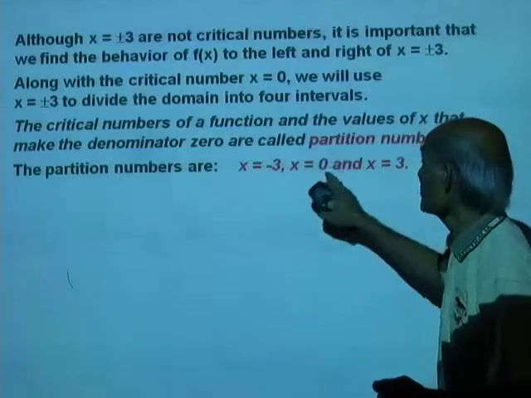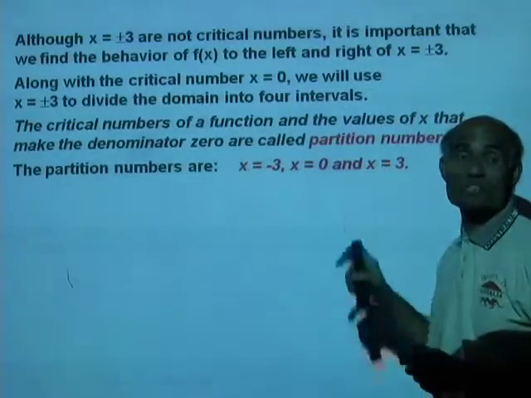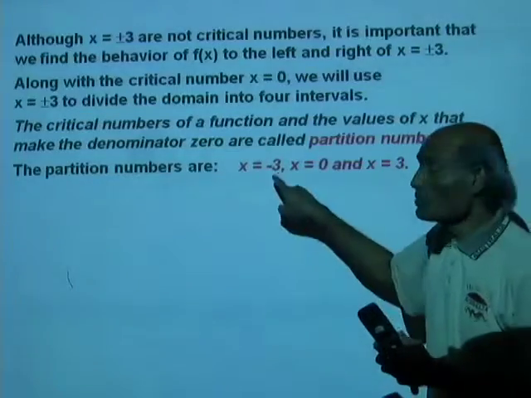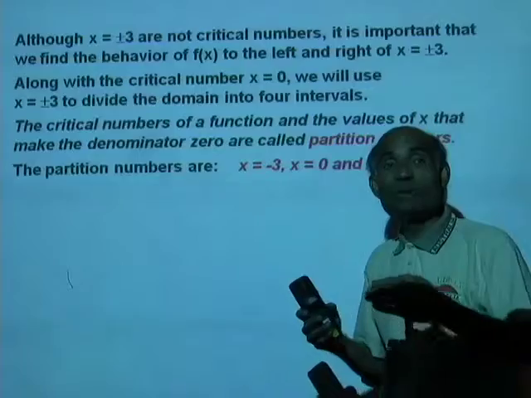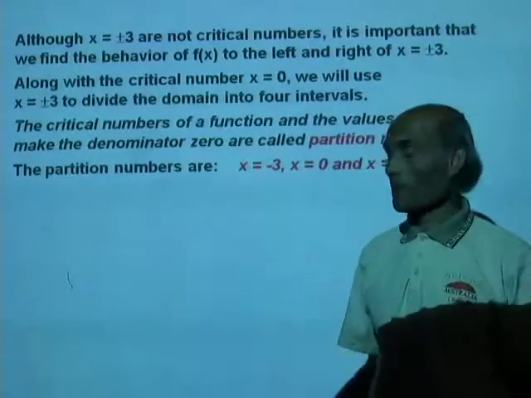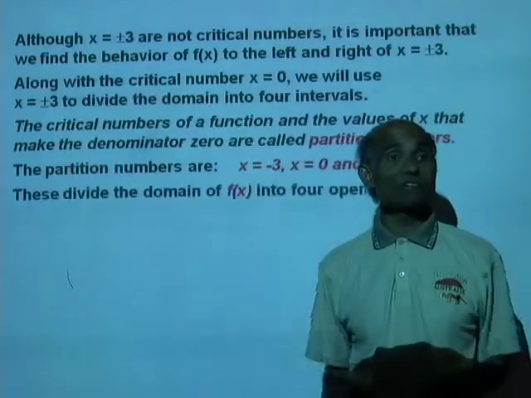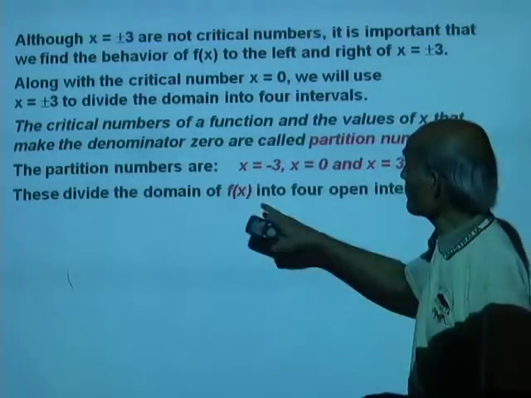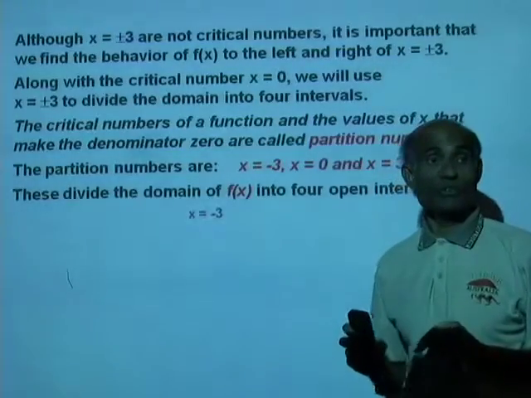There are 3 numbers: 1 critical number and 2 partition numbers. Now, I wrote them in ascending order so that it makes it easier for us to construct the intervals. Alright, what are the intervals we can divide the domain into? We can divide the domain of the function into 4 intervals. What are they?